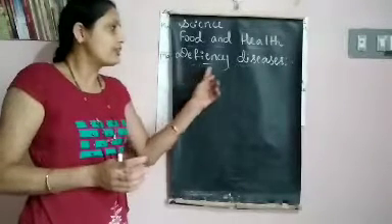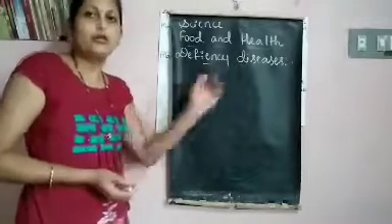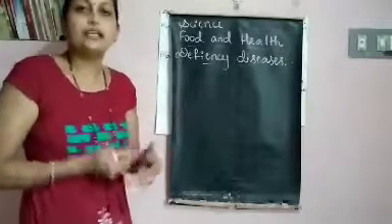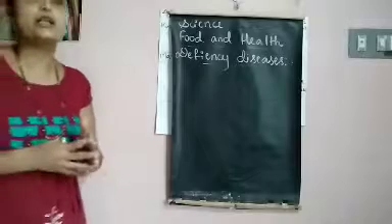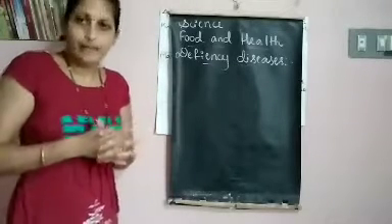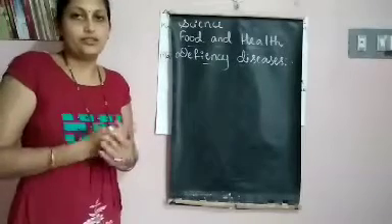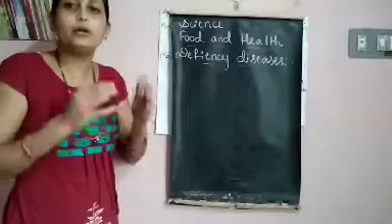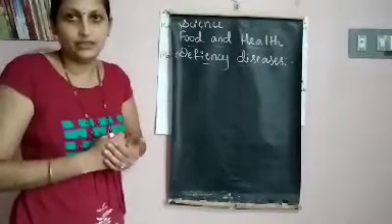So deficiency diseases. What are these diseases? These are the diseases caused by the lack of a particular nutrient in our diet over a period of time. Suppose children eat food that is rich in carbohydrate, but they may not get protein sufficiently.